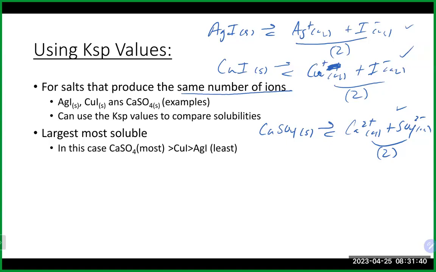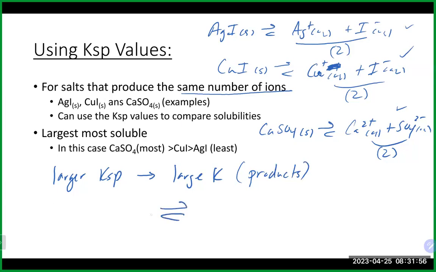That's because the larger Ksp value is really just a large K value. And when we have a large K value, that means that we should pretty much have products at equilibrium. And always in these reactions, as we talked about, solids are on the left and aqueous soluble ions are on the right-hand side.